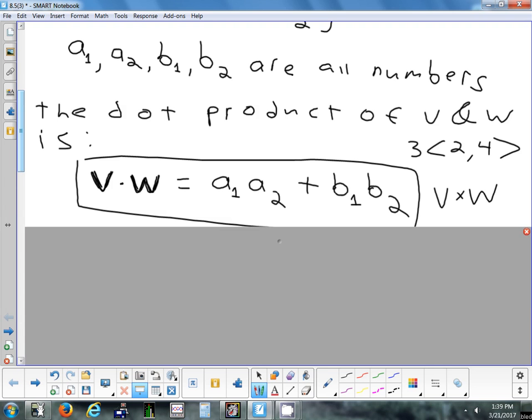Do you want me to multiply the two vectors with a dot product, or as a cross product? So there are two ways to do multiplication with vectors. The cross product doesn't exist in 2D. You can only do that one in 3D. But the dot product we can do in 2D or 3D.